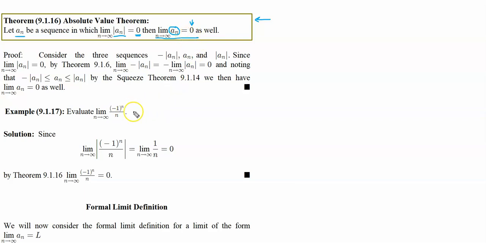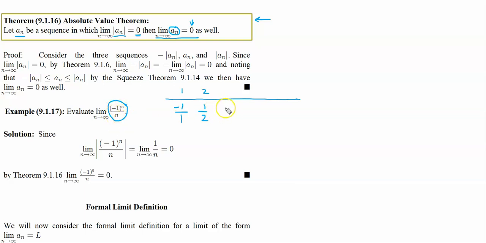So for example, down here, let's evaluate the limit as n goes to infinity of -1 to the n over n. Now notice that this sequence will generate the following sequence of numbers. If n is equal to 1, we get -1 to the 1 power, so that's -1 over 1, so that's -1. That's when n is 1. If n is 2, we're going to get -1 squared, which is 1/2. Then if n is 3, -1 cubed is -1, right?